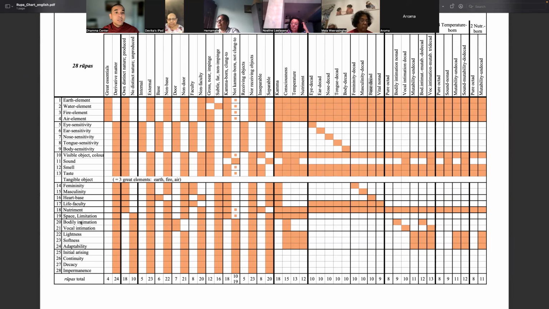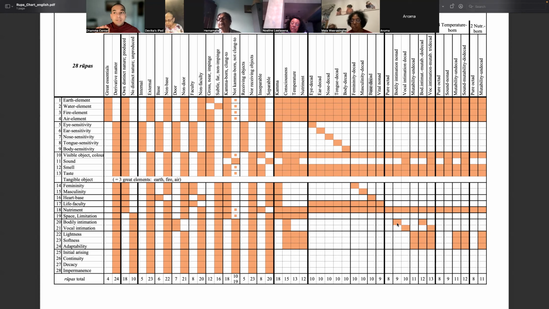Bodily intimation, number 20. Do you have the chart with you, everyone? So number 20 is added on to the pure octad. Why? Because that is how consciousness produces bodily movement, for intimation, communication. Is that clear? This is bodily communication.